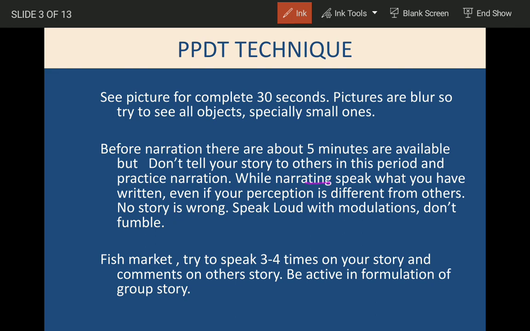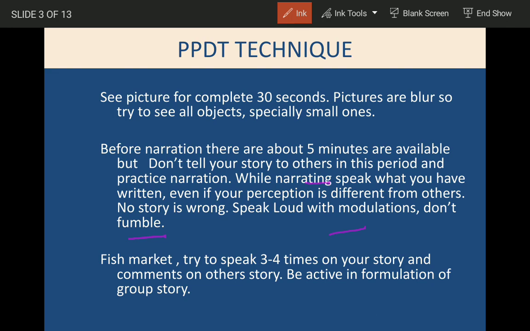And if your narration is good and confident, then you'll get highlighted, because most of the candidates start fumbling. And if you speak in a steady voice with correct modulation, this will leave a different impression on the minds of assessors.